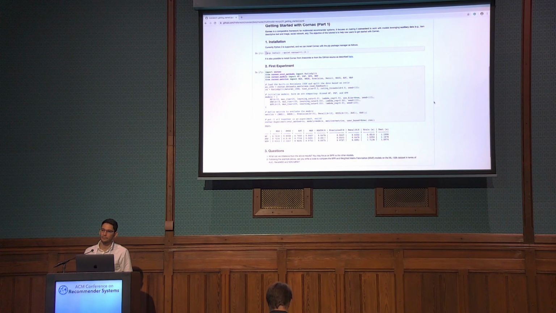This one, for example: how can you compare the same model but with different hyperparameters? One thing we could do, you can see here on this notebook, when we instantiate MF, we can just create different variables.